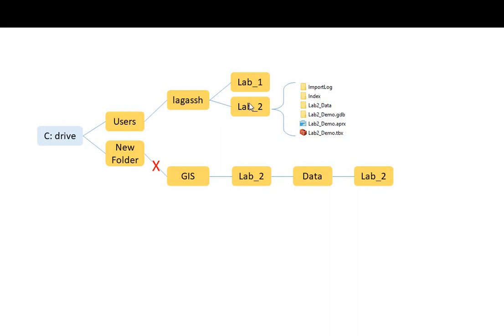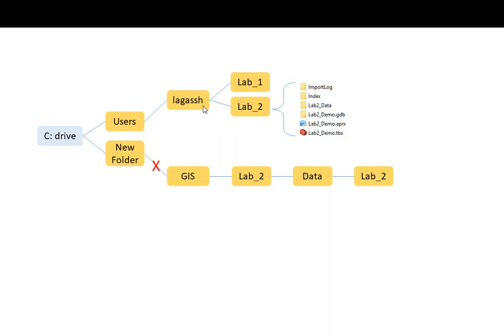So this first path up here that we see is an example of good data management. I would be able to find my folders again later with this path. So the first folder here is just my users folder on the C drive, and then this is my username.